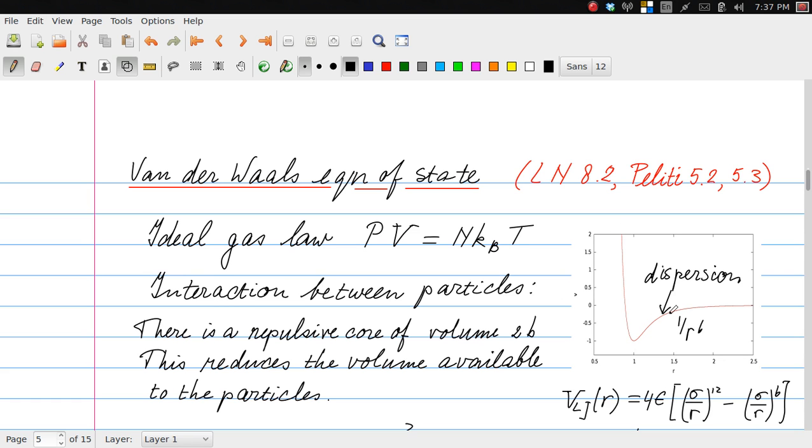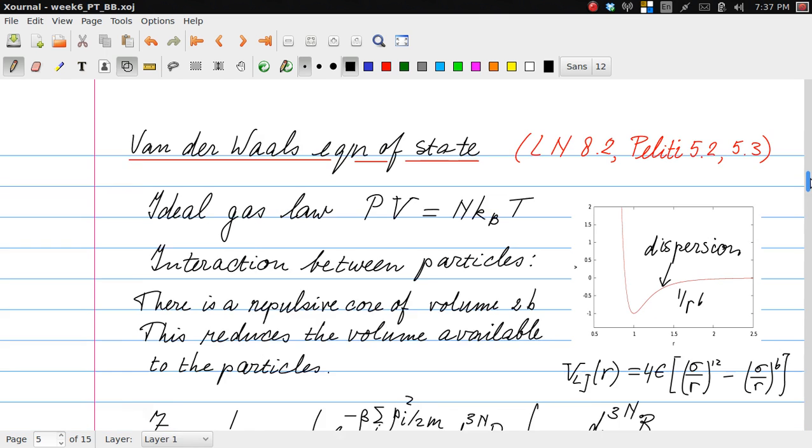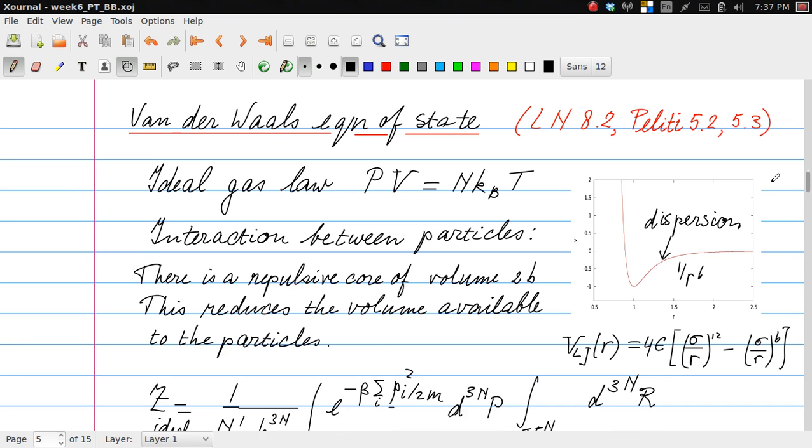Also we see that the potential can become negative, so that's if particles are just beyond the hard core region. And so we see that there is a repulsive core. That repulsive core, well, we express that in terms of a volume, and that volume is called 2b. The factor of 2 is just convention, and that reduces the volume available to the particles.